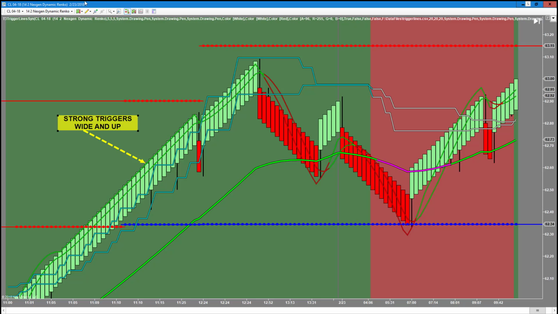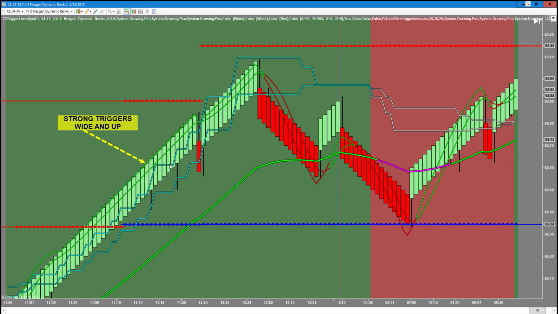Now, in this case, this is our 14.2 larger chart. So again, you'll get into some more videos and education where you'll see that our 14.2 chart kind of steers us in the right direction. This look right here, and again, I'm going to circle it for you, is a look where our small triggers are physically above the up synthetic triggers on this chart.